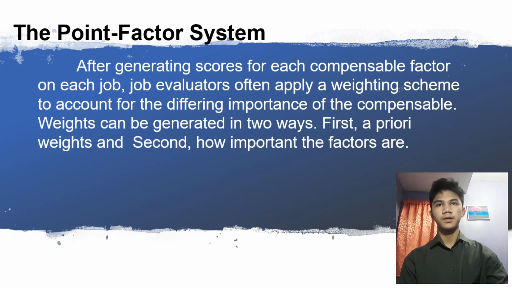First, a priori weights can be assigned, which means factors are weighted using expert judgment about the importance of each compensable factor. Second, weights can be derived empirically based on how important each factor is in determining pay in the labor market. So basically, it is a systematic method for determining a relative score for a job.